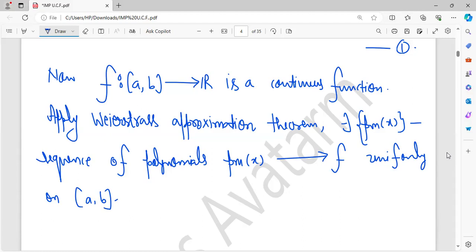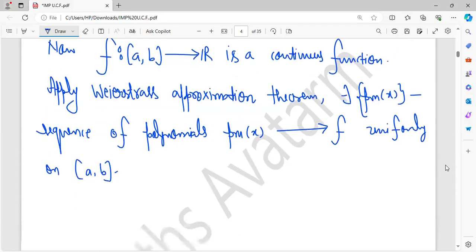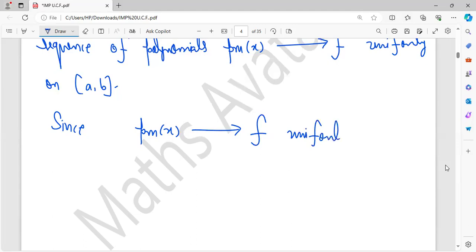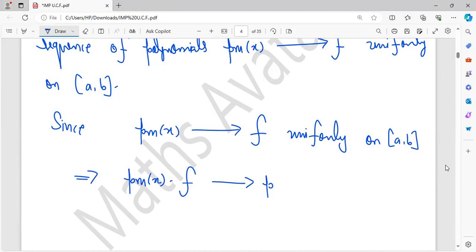Now from 1, since p_m(x) is converging to f uniformly on [a, b], multiply both sides by f.